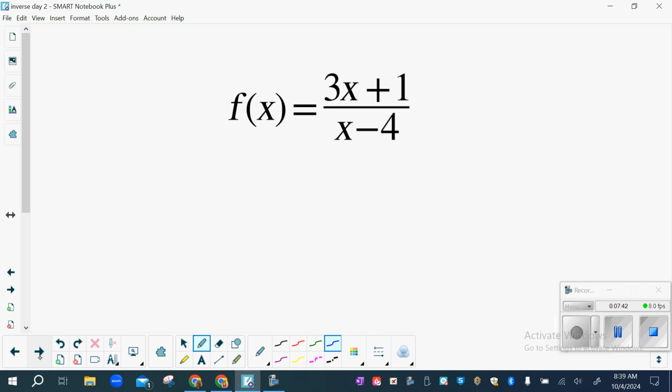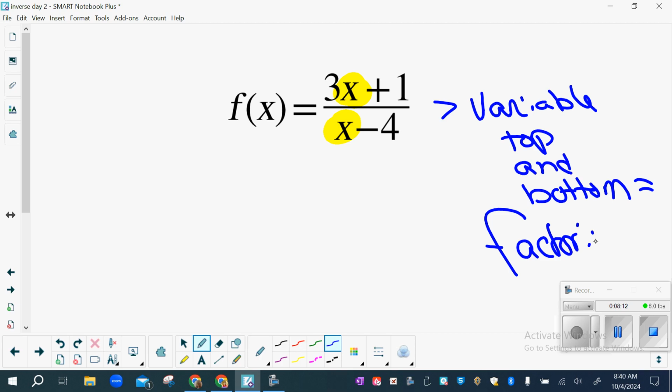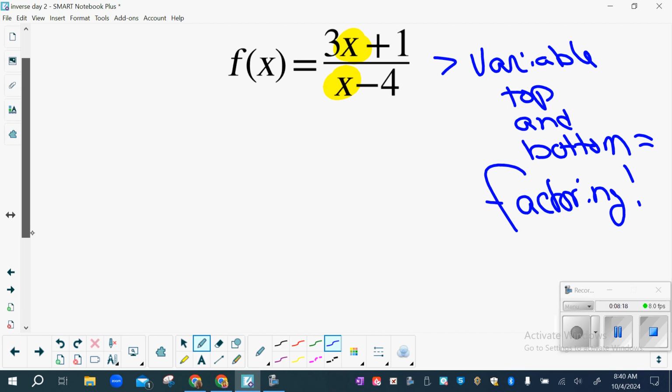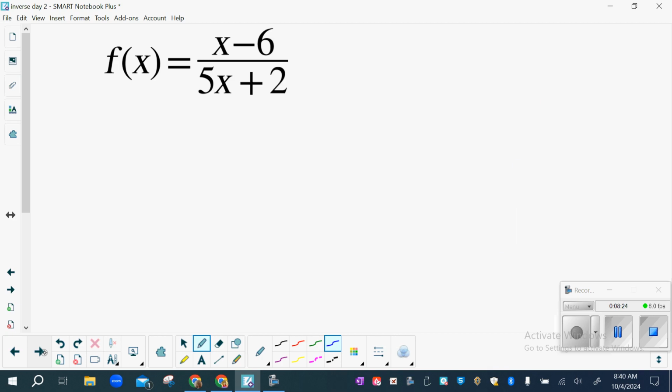I want you to write this problem down, and then I'm going to have you write something down so it will kind of go into your head. Write this down on your desk.